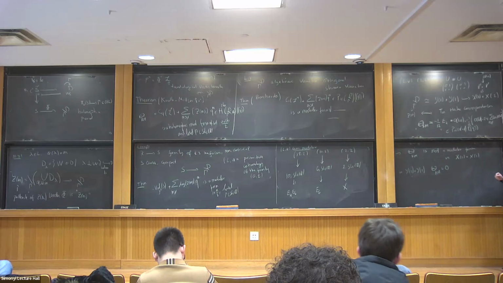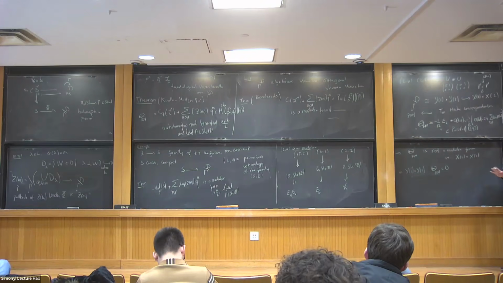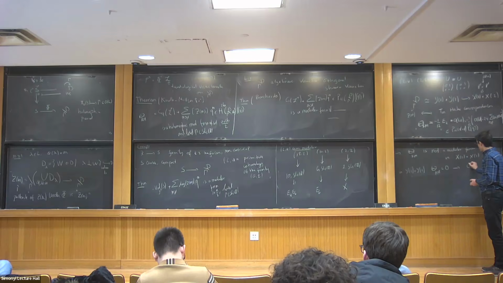There's a trivial Picard group, and so the theorem just gives you that 0 is a modular form. That's great, but it's not very interesting. So you have to take this compactification to get non-trivial information. And I guess this is what question 2 is about.